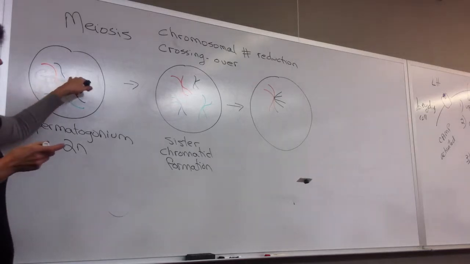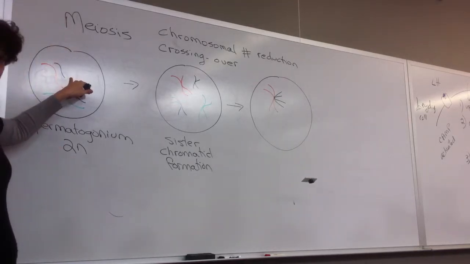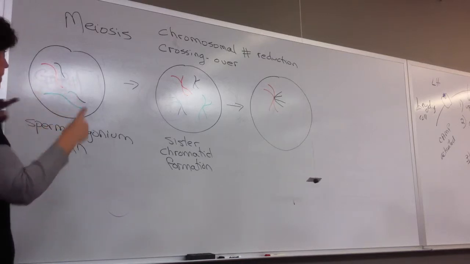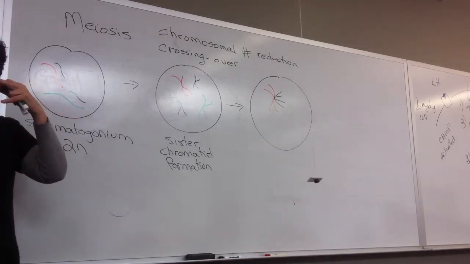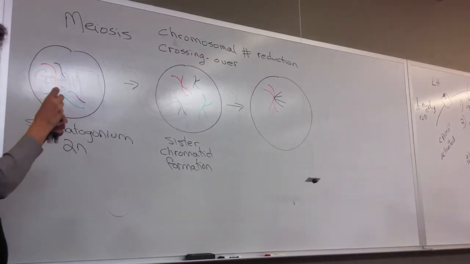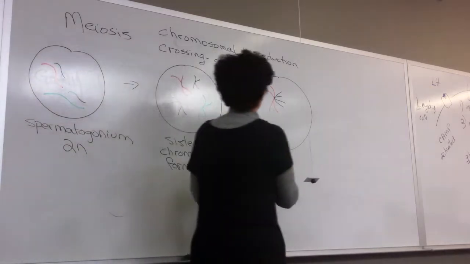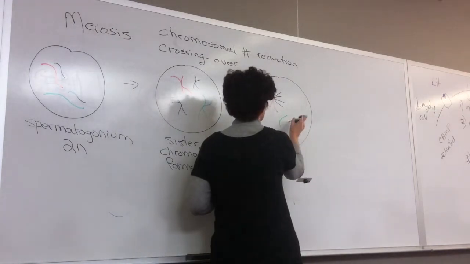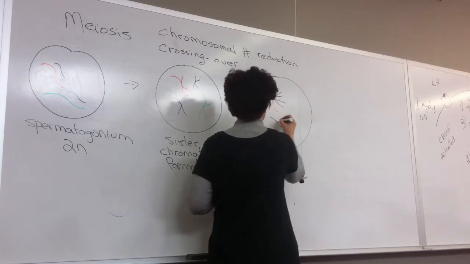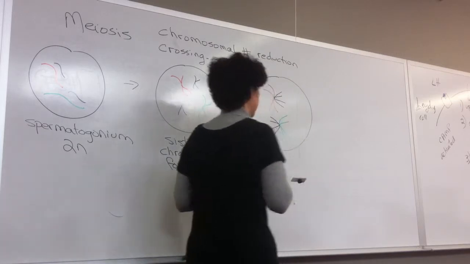Remember, this came from the mother, this came from the father for chromosome 2. When they replicate, unlike in mitosis, they remain attached to each other. That's critical in meiosis. And this set is attached.